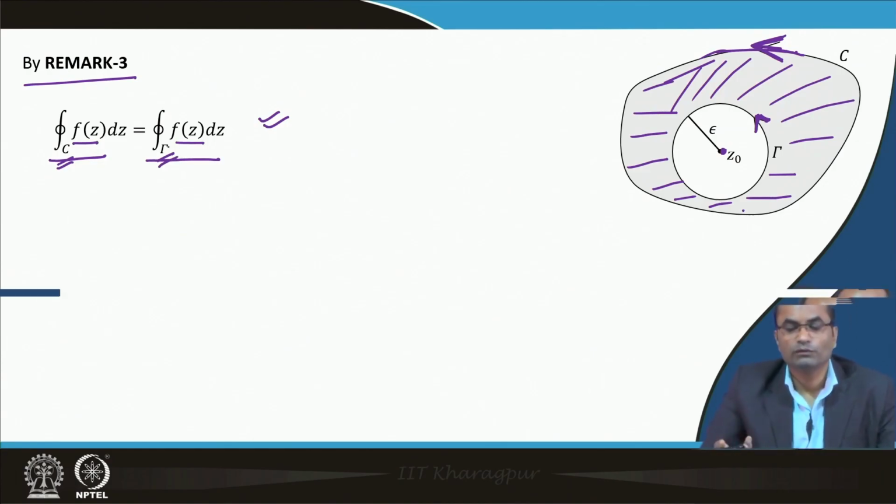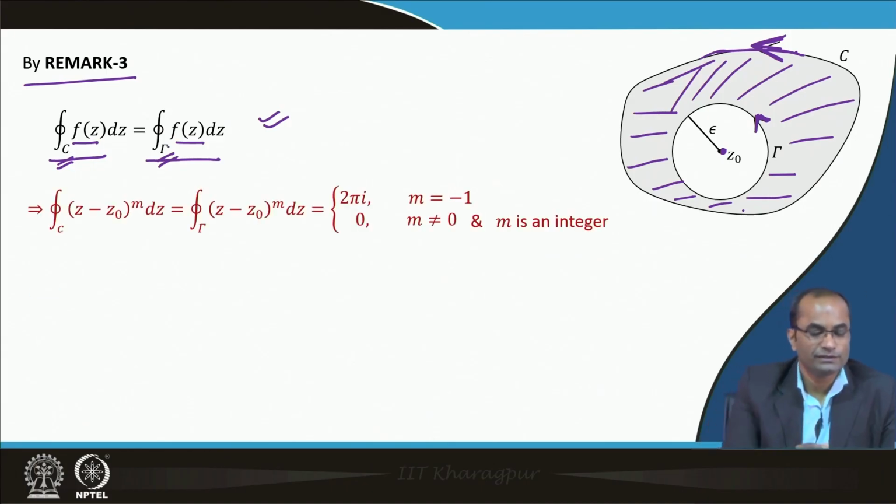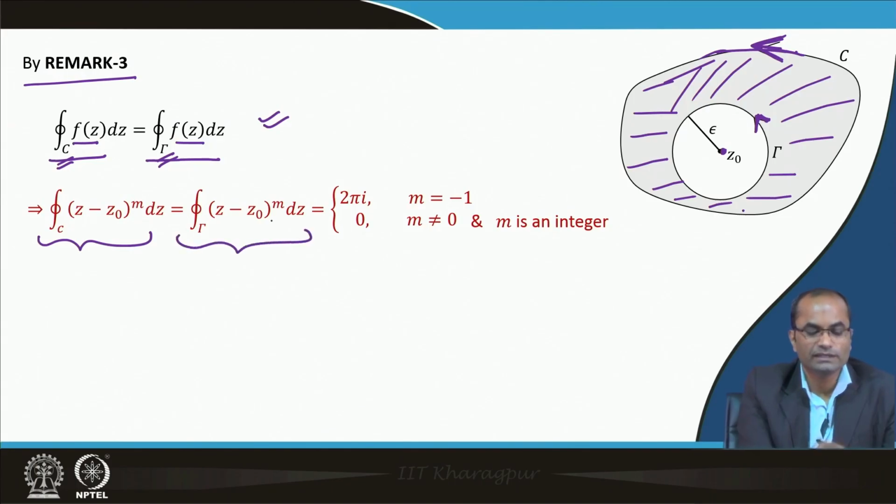And the integral over gamma, that is the interesting part, we know from the previous lecture. So, this integral over a very general curve C is equal to the integral over that circle, where the result we know already is 2 pi i when m is minus 1 and 0 otherwise.